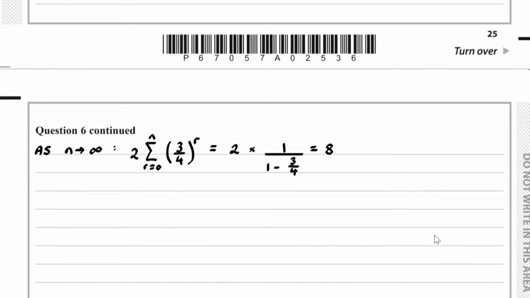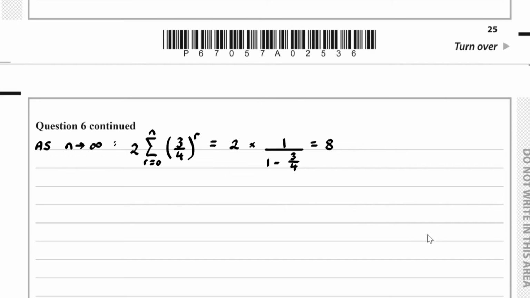So we've got a geometric series to infinity, which is why we've got this result here. And then 3 multiplied by 3/4 to the n.